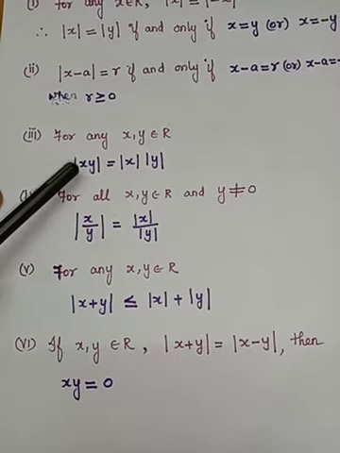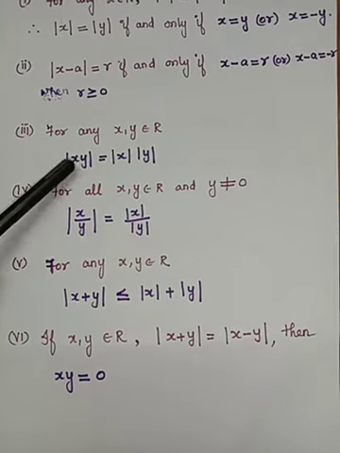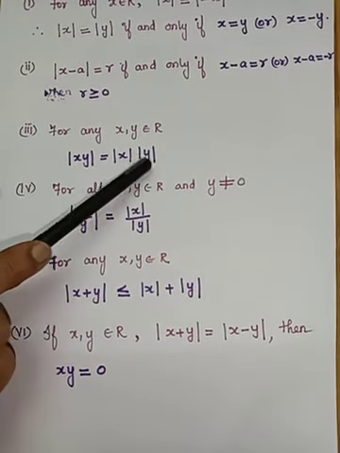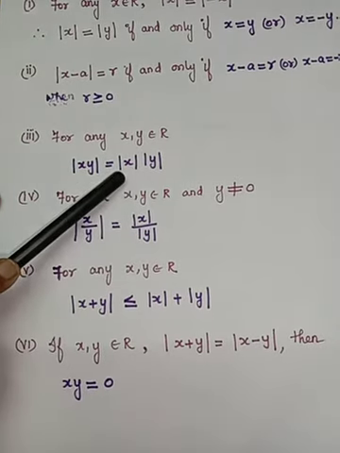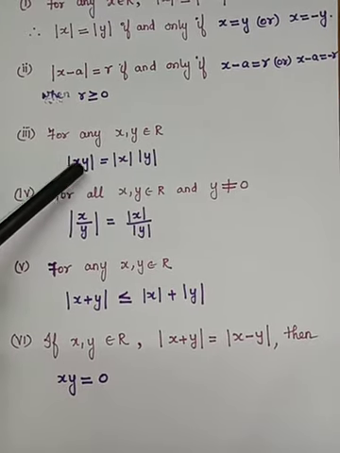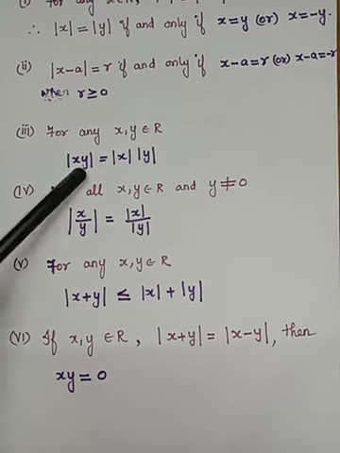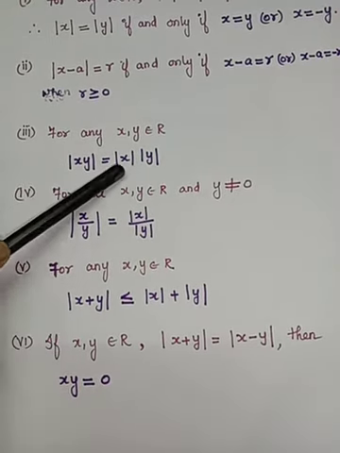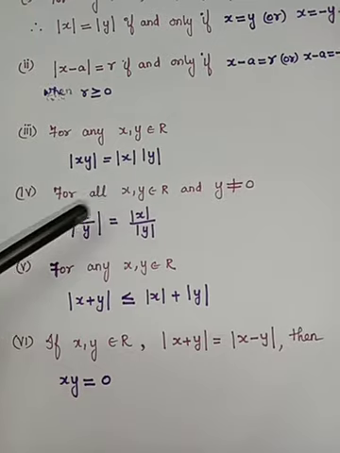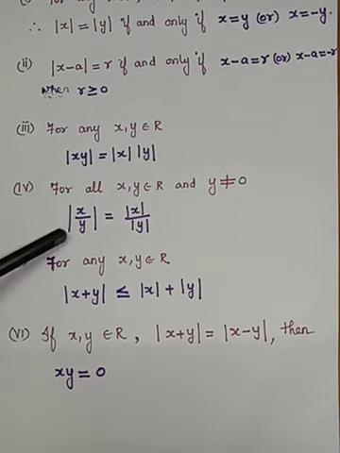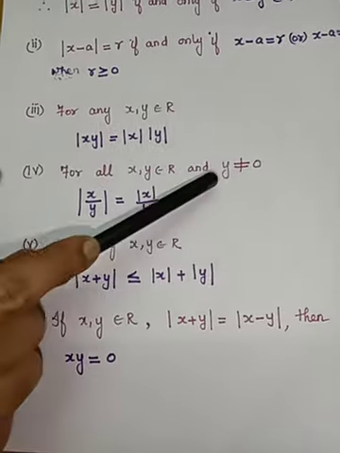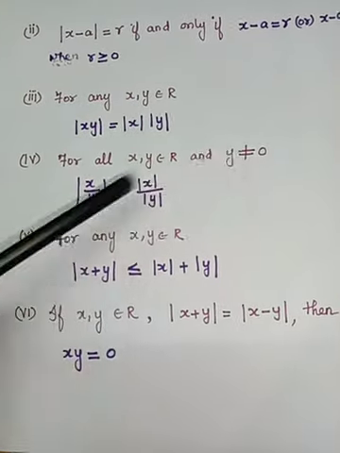What is this? The modulus of the product of two numbers is equal to the product of their moduli. Okay, that means the first two numbers can be multiplied, then we take the modulus, that is equal to modulus of x into modulus of y. For the division also, modulus of x by y is equal to modulus of x by modulus of y, provided y is not equal to 0.